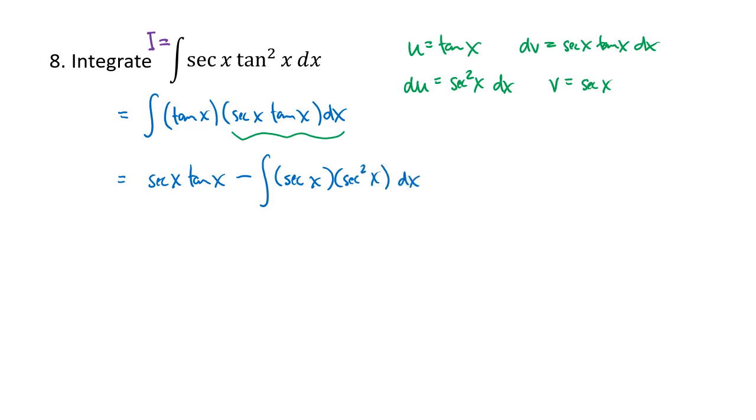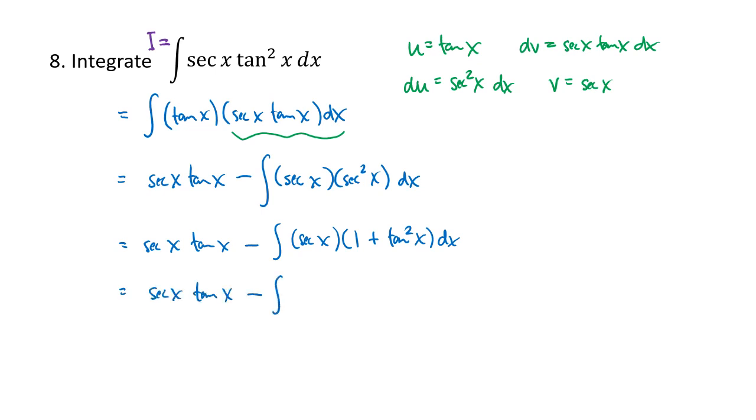And we remember that we can rewrite that secant squared of x as tangent squared of x plus 1. So we've got secant x tangent of x minus the integral of secant of x times 1 plus tan squared of x. And if we break that up into two separate integrals, we get secant x tan x minus the integral of just secant x all by itself, we'll talk about that in a second, minus the integral of secant x times tan squared of x.